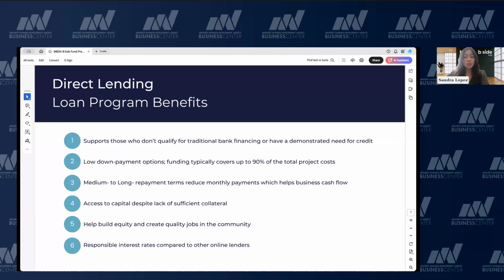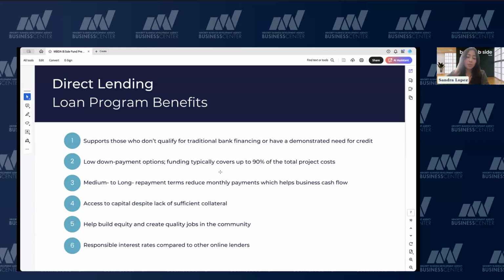We also offer medium to long repayment terms. As I mentioned, terms will be from 3 years to a maximum of 10 years. That will help the applicant to have a lower monthly payment and improve cash flow. And despite the lack of sufficient collateral, we are able to finance unsecured loans as well. And overall, we want to help that business to grow, to create equity and jobs in our community.